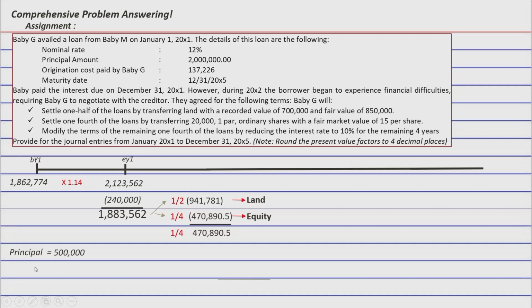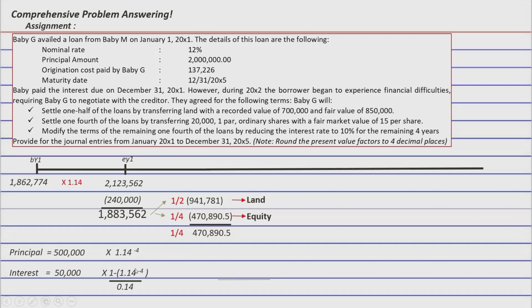As to interest, we have 10% instead of 12%, which is 500,000 times 10%, that's 50,000. Now, let's get the present value of these two future payments. We need to use the old effective rate, which is 14%, and the term, or N, will be 4 years, because 1 year has already passed.